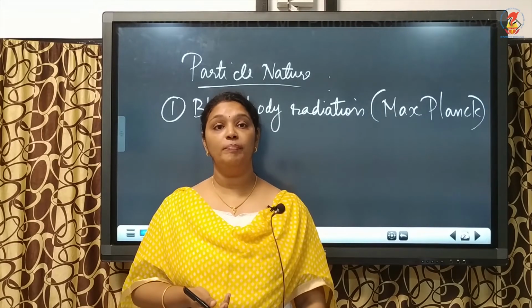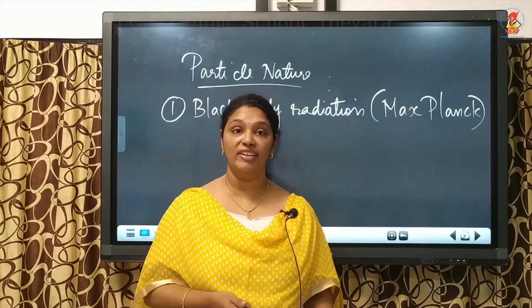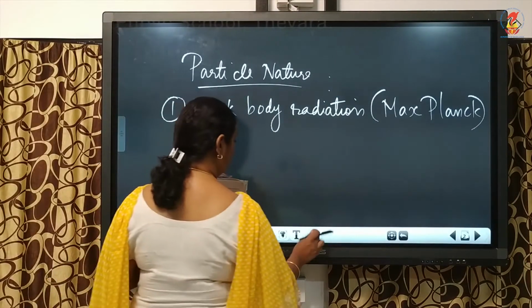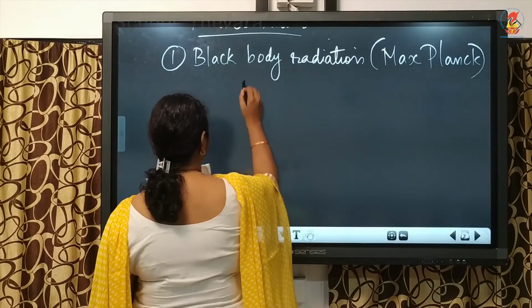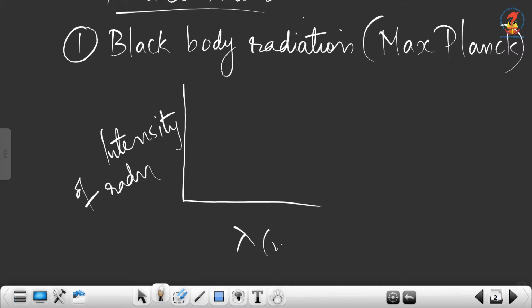Now suppose we plot a graph between intensity of radiation against wavelength. On the y-axis we have intensity of radiation, and on the x-axis we have wavelength in nanometer. Suppose this is 3000 nanometer, this is 2000 nanometer, and here we have 1000 nanometer.